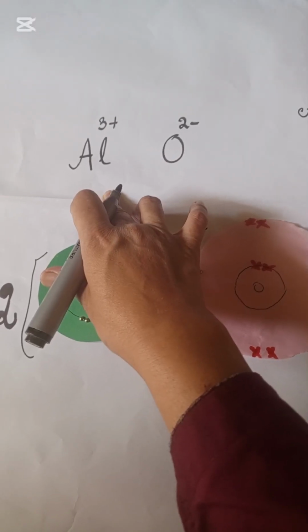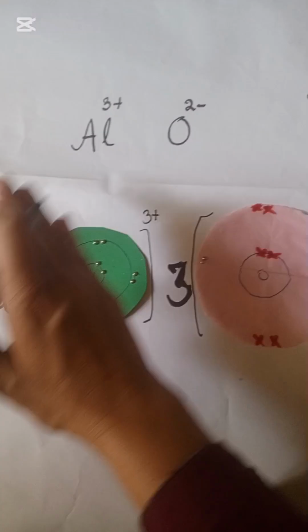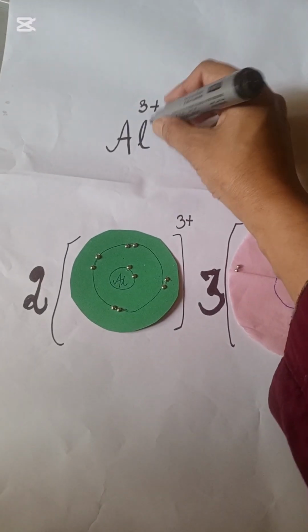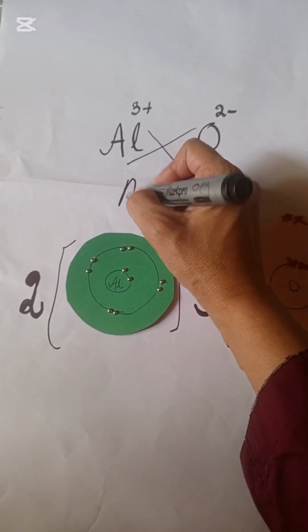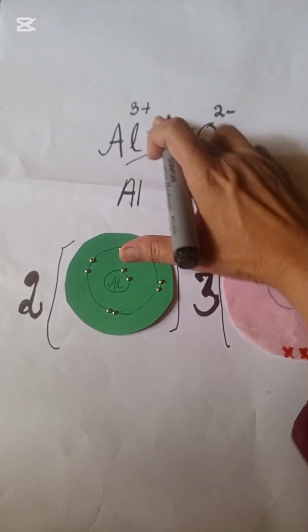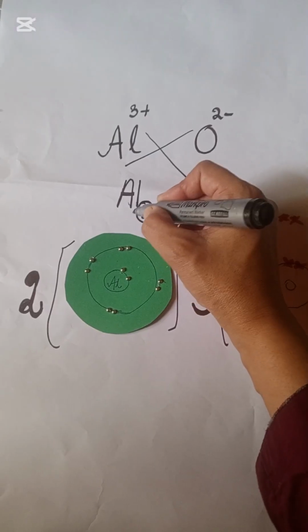But there is a problem of 1 electron. To balance the number of electrons, we cross multiply, and cross multiply means the charge of the ion remains the same, it is 3 plus, but this number indicates the number of ions.